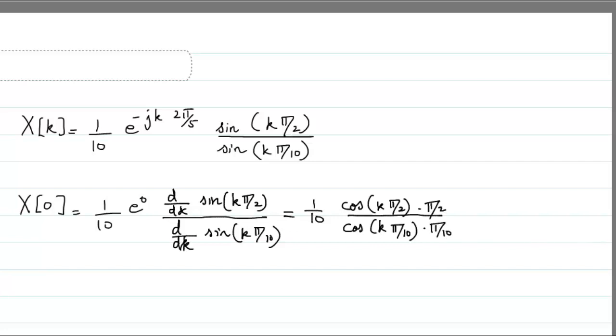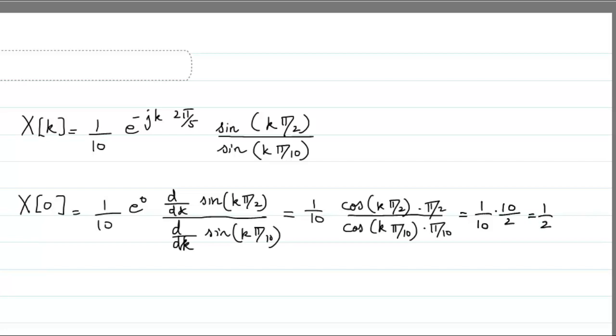So if I put 0 here, cos of 0 will become 1. Denominator also cos of 0 will become 1. So 1 divided by 1 will be 1. So what remains is 1 by 10 into pi by 2 divided by pi by 10 will become 10 by 2, which is actually 1 by 2. So x of 0 is 1 by 2.